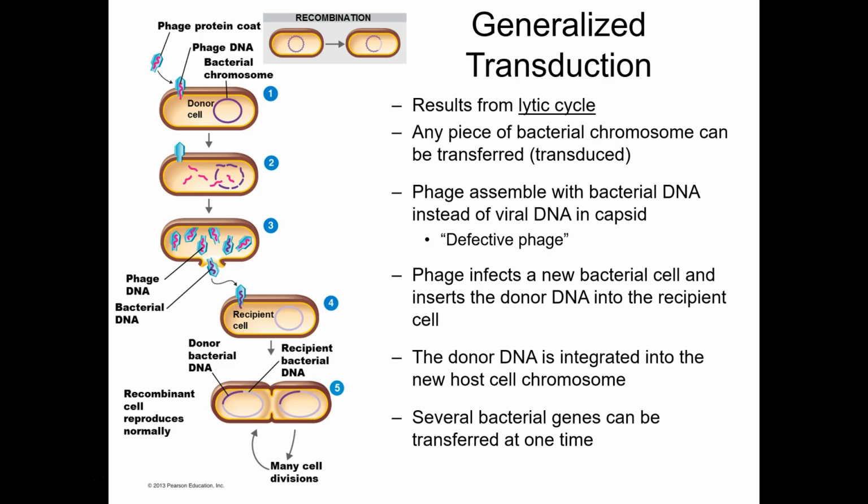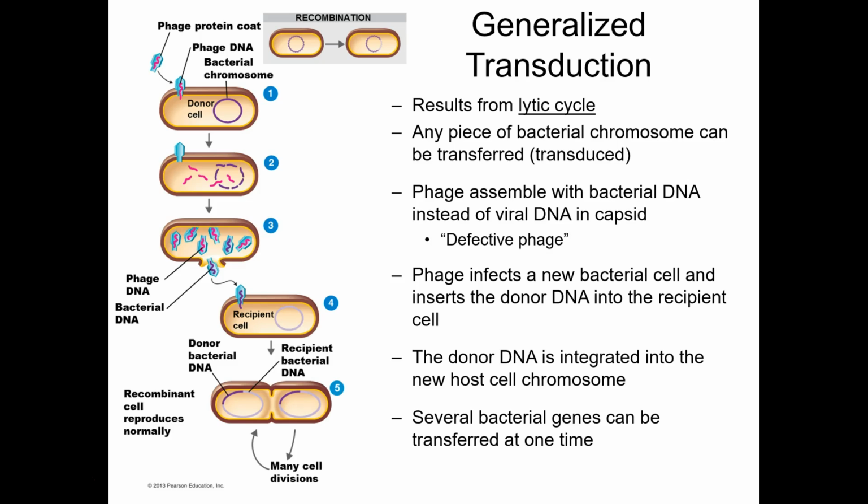The thing is that the capsid is still intact. This guy still has spikes. So it attaches to another bacterial cell. So you get attachment, penetration, but this time we are injecting it with bacterial DNA, the DNA that was mistakenly packaged. And then if you get recombination, you get a stable heritable mutation.